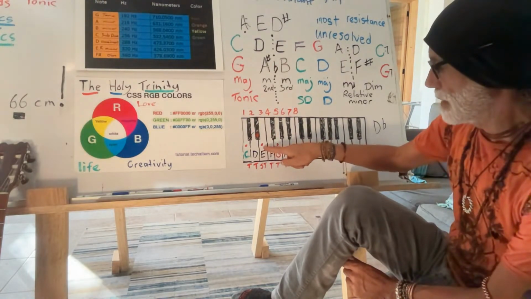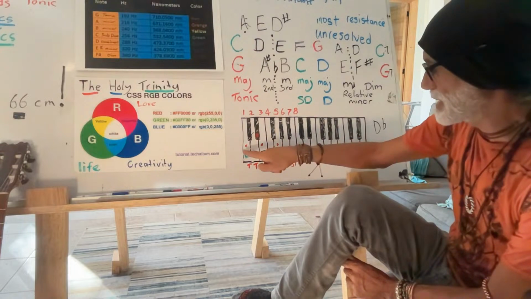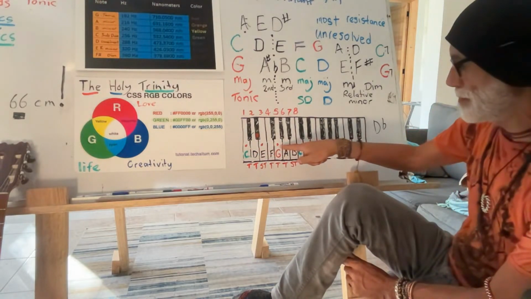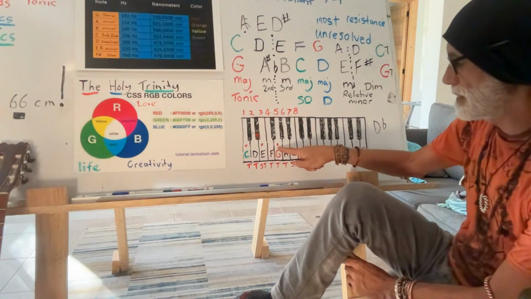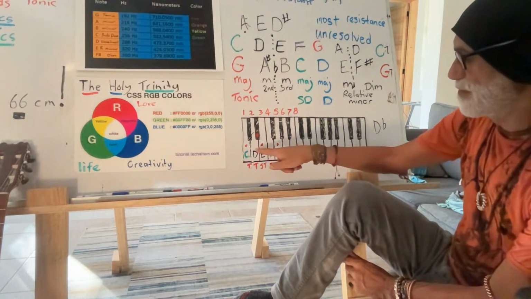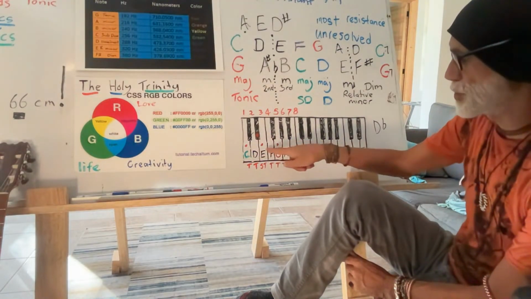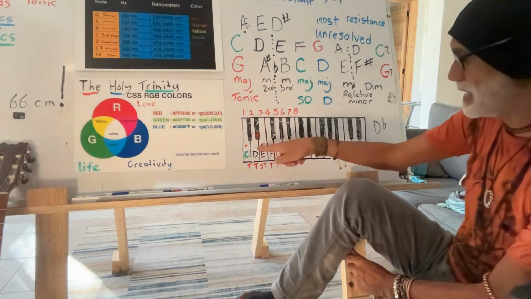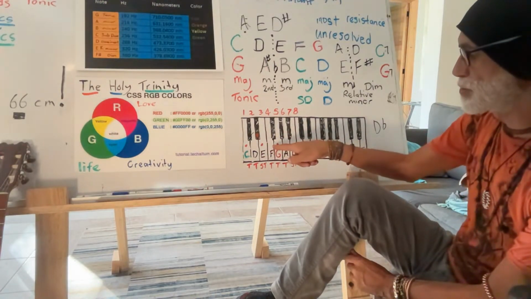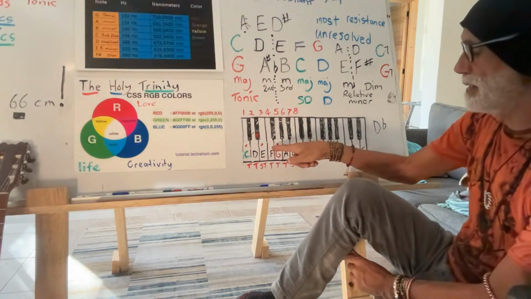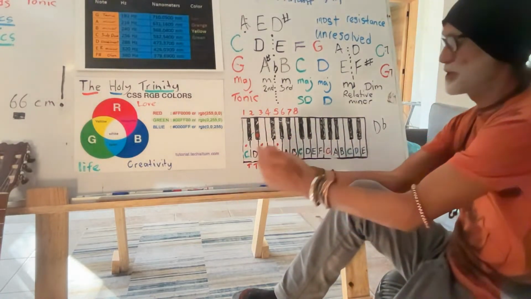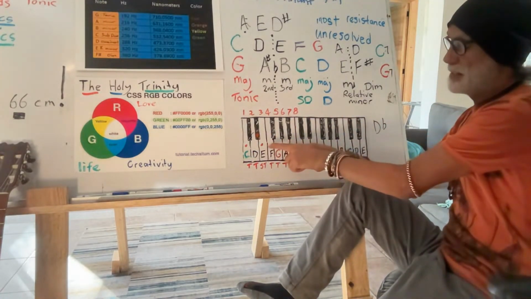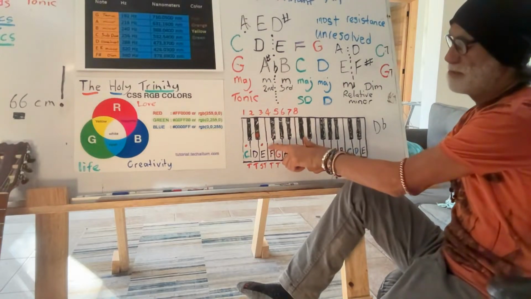As it is, C major, the first, the third, and the fifth, the first triad is a major triad because there are two tones in there, and the second triad is a minor triad, which makes it a major chord.